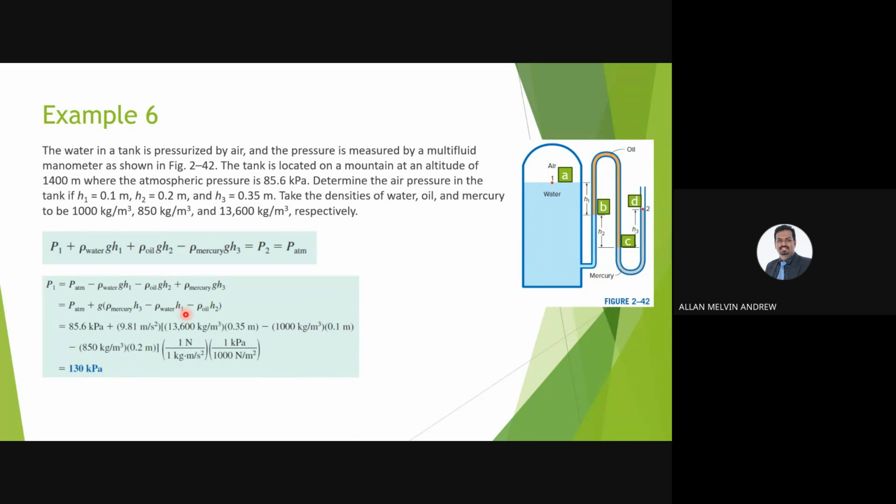Minus the density of oil, 850, times 0.2. Okay, then unit conversions. Once you solve all this, you'll know that pressure 1 equals 130 kilopascal. Okay, so this is how you solve multi-fluid manometer questions.